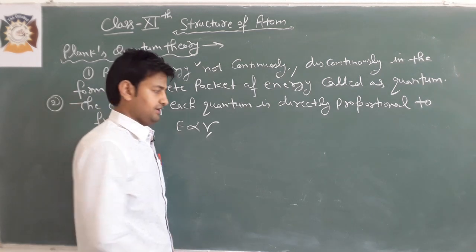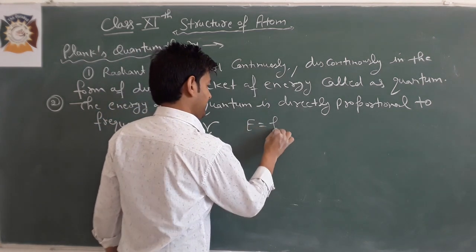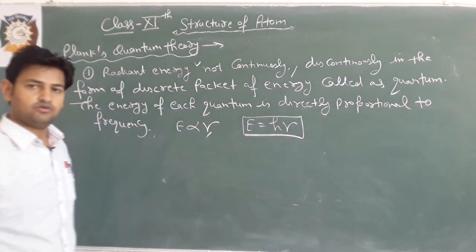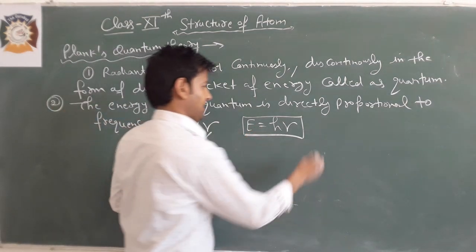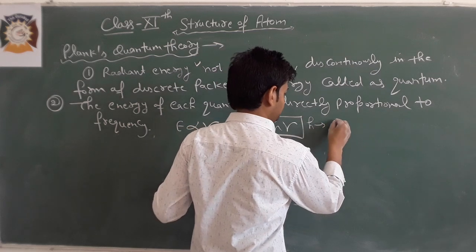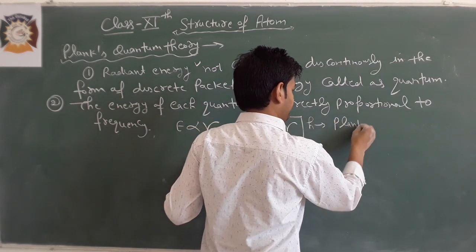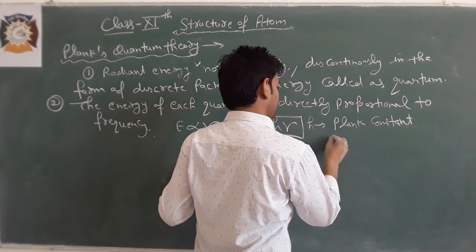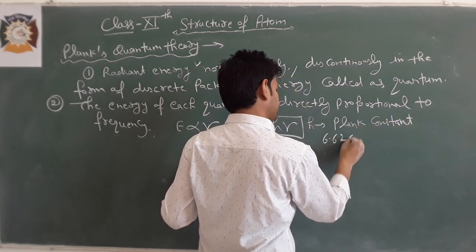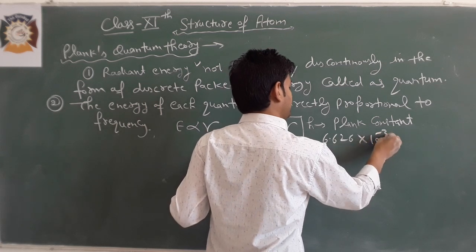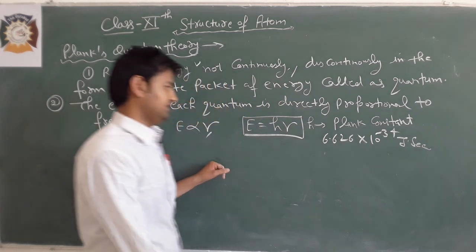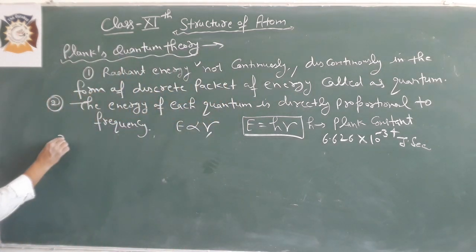For one quantum, energy is equal to h nu, where h is Planck's constant. Its value is 6.62 into 10 to the power minus 34 joule second.